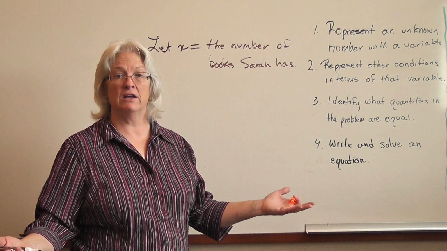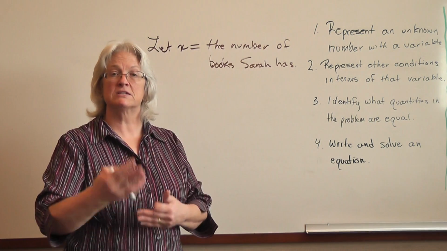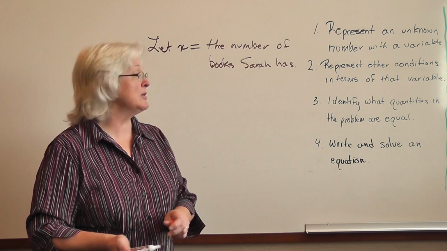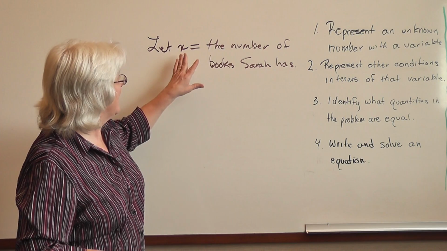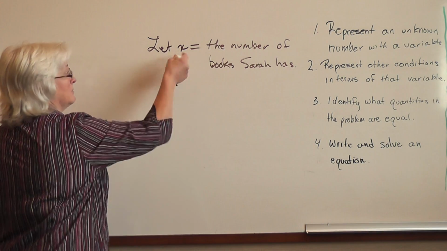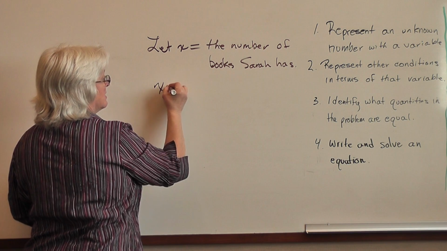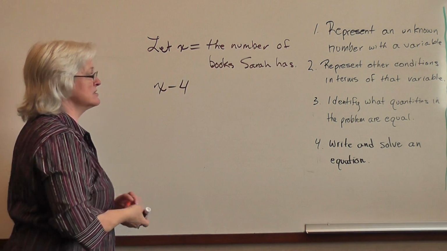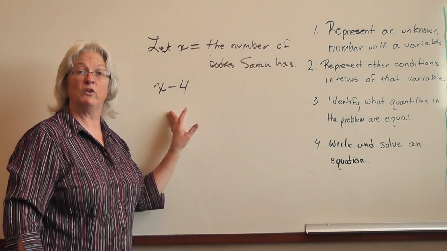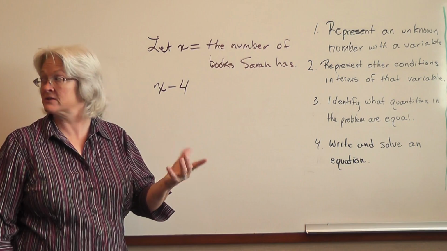If Sarah has 7 books, Rusty has 4 fewer. 7 minus 4 is 3. So no matter how many books Sarah has, X books, the number of books that Rusty has is always going to be 4 fewer books than the total number she has.